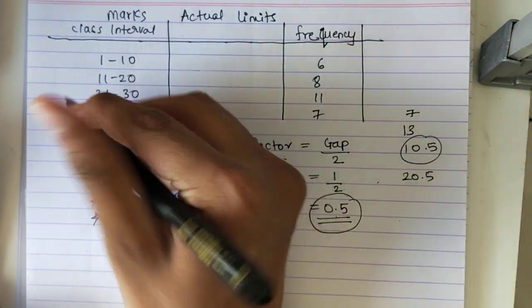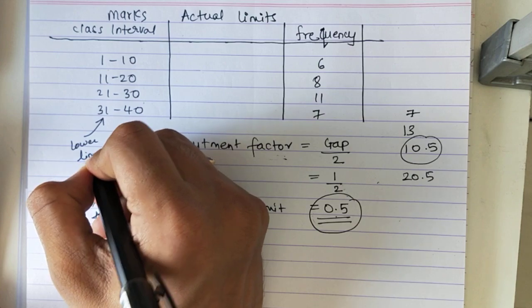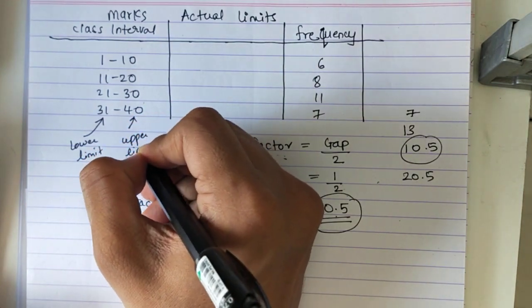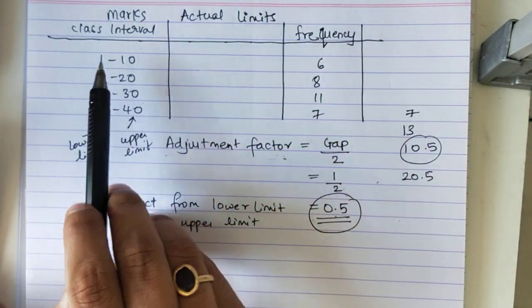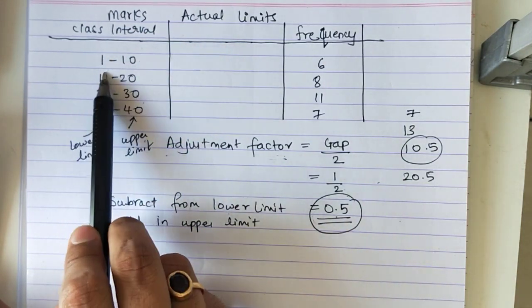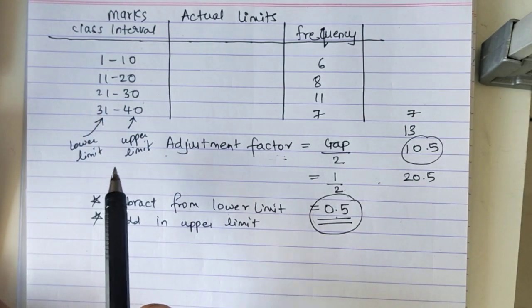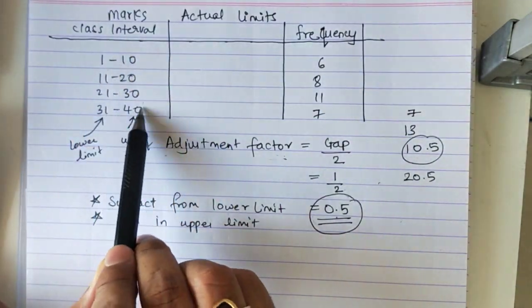So these values on the left hand side are the lower limit and these values are the upper limit. And these are class intervals. They are called the first class, second class, third class, and fourth class. If I ask you what is the lower limit of the fourth class, 1 2 3 4, this is the fourth class.